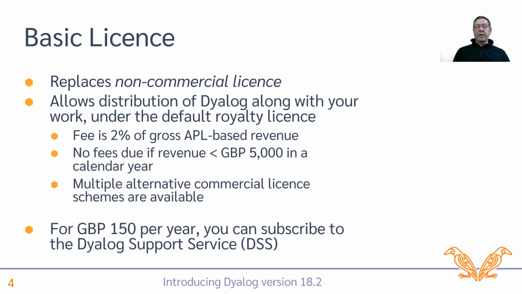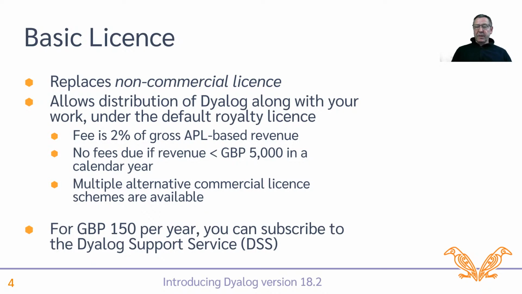So that's the royalty license, the default one: you owe 2% of the gross APL-based revenue for your application if you charge money for it. But if it's during a startup, or if the amount of money you're making is very small, the license fee is waived if your revenue is less than 5,000 British pounds in each calendar year.